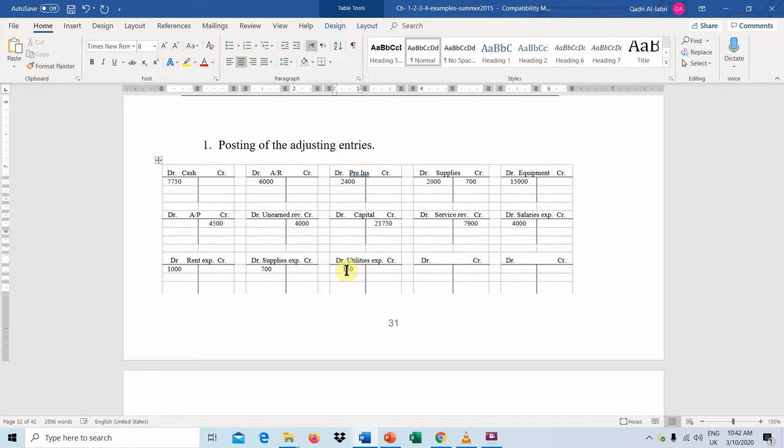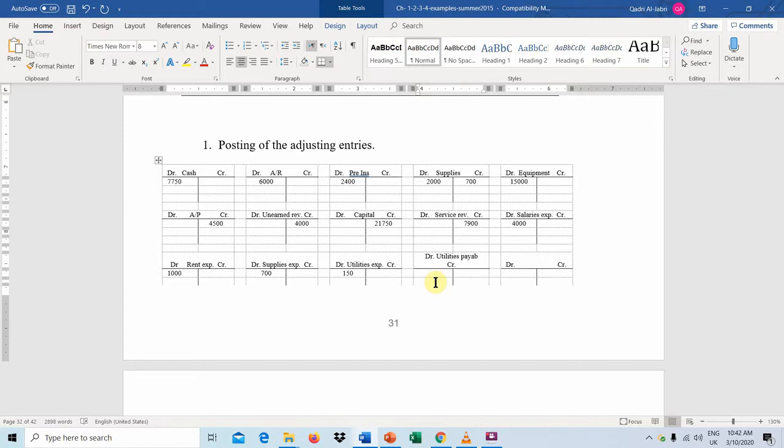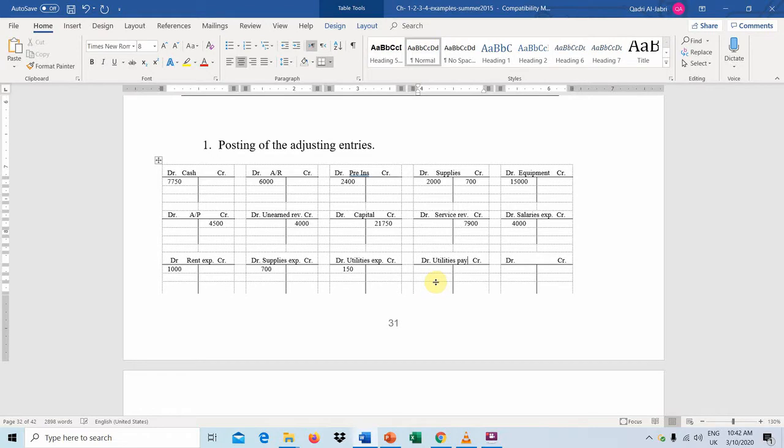And utilities payable, do we have a utilities payable? The answer is no. So I will create a utilities payable. Just to make it short, we'll make it like this.